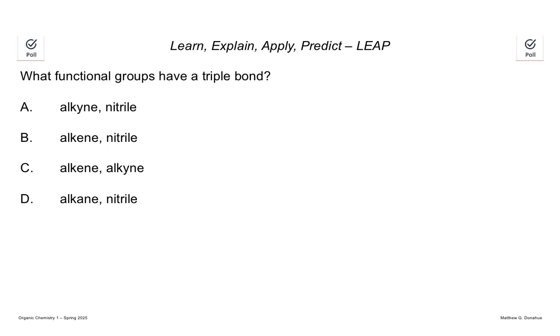What functional groups have a triple bond? So A, we have an alkyne and a nitrile. Carbon-carbon triple bond is an alkyne, carbon-nitrogen triple bond is a nitrile.